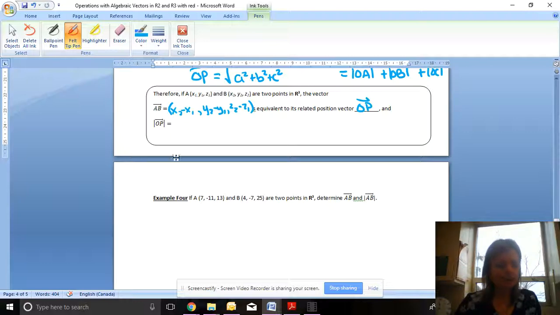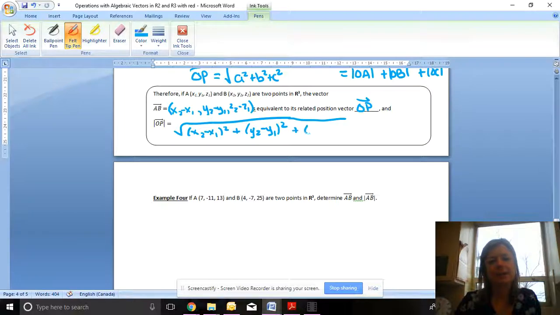And the magnitude of OP is then the big long square root of the x value, which is just x2 minus x1 all squared, plus the y value, which is just y2 minus y1 all squared, plus the z value, which is just z2 minus z1 all squared.